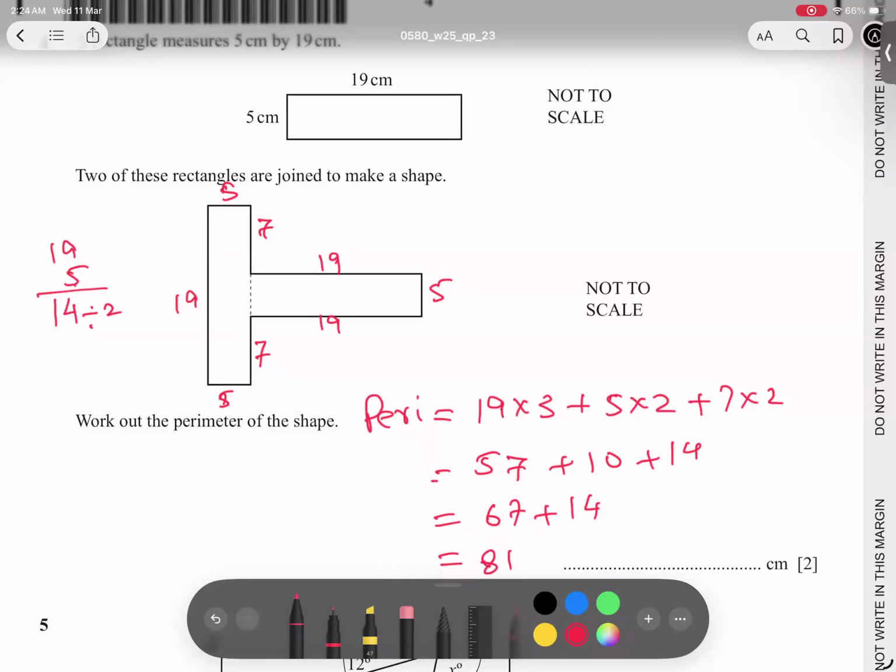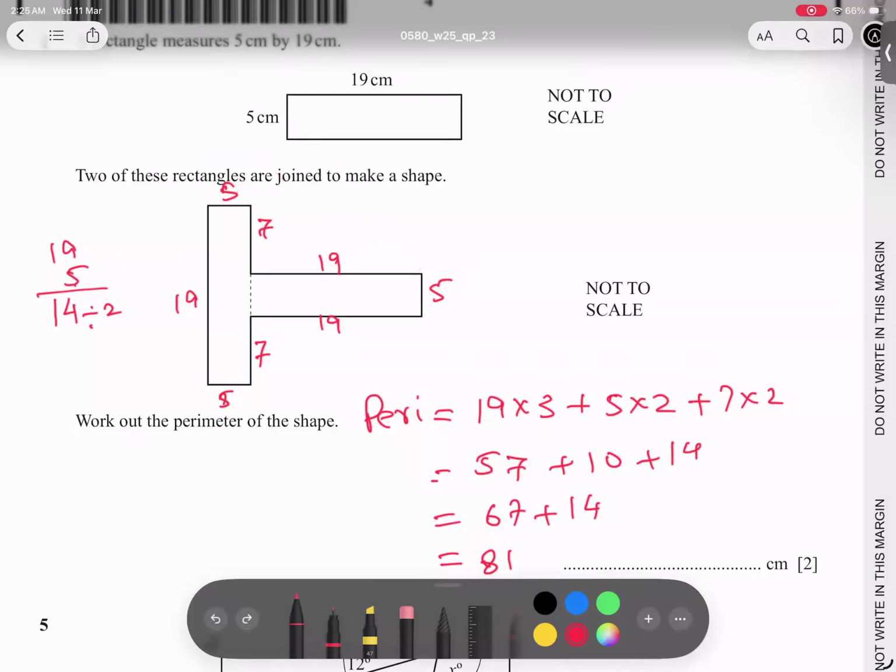Once again, review. I think what mistake is here? Well, hold on. Out of 19, 5 gone, 14 divided by 2 is 7, 7, 7. Okay. And I think 5s are 3, not 2.